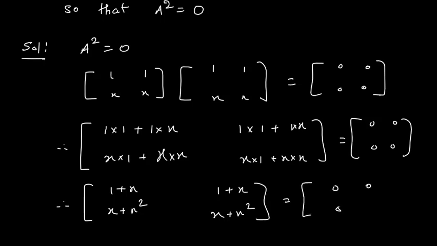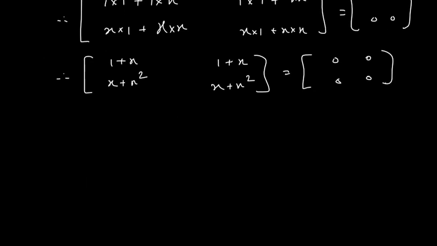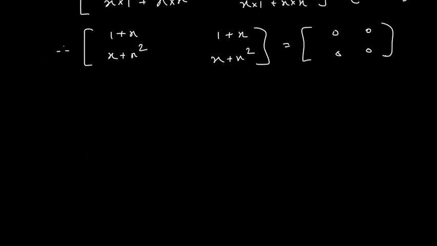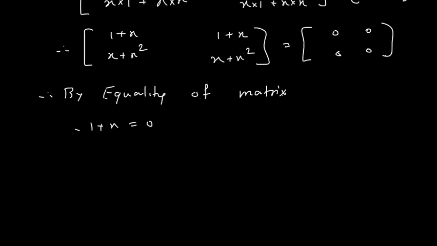So by equality of matrix. Now both the sides we have matrix, so I will say that by equality of matrix, we can say that this 1 plus x is 0 and this x plus x square is 0.